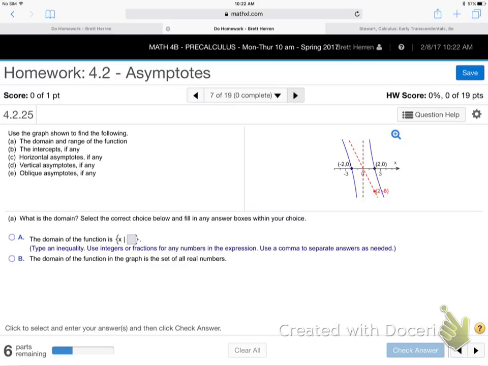All right, so domain and range of the function. It looks like one of those is a vertical asymptote, going straight up and down. One of them is diagonal, what they call oblique. I guess those blue things are the branches of the graph itself. They almost look like straight lines, don't they?